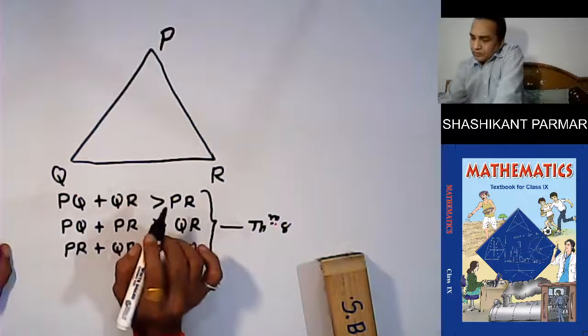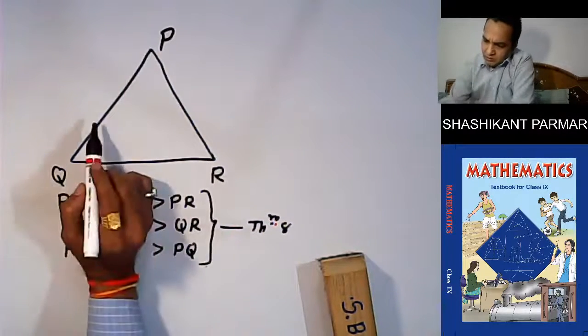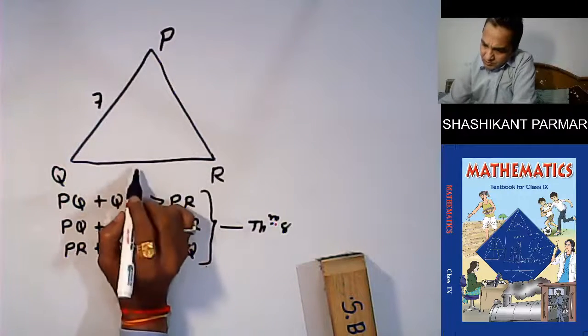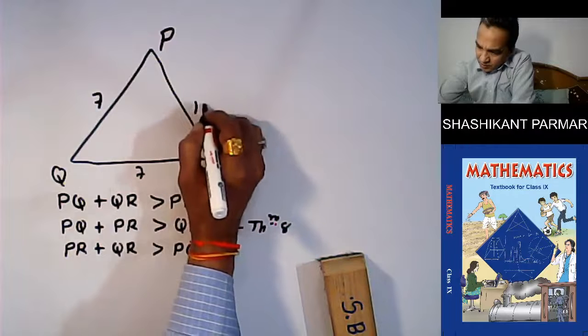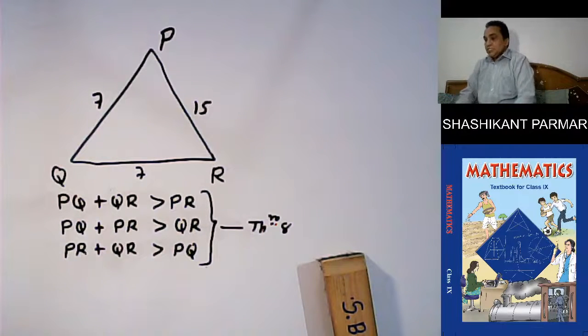So you cannot draw a triangle like this: 7, 7 and 15. Not possible.